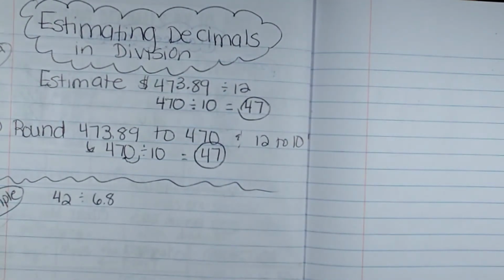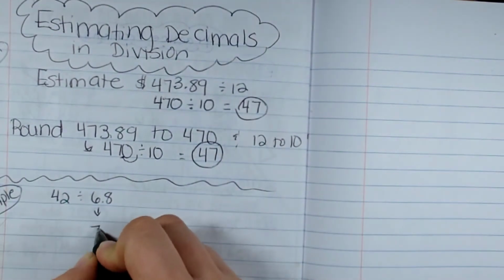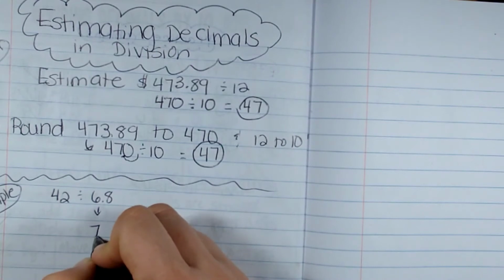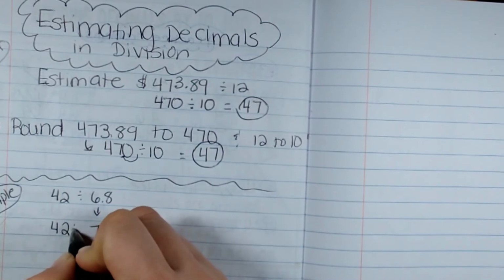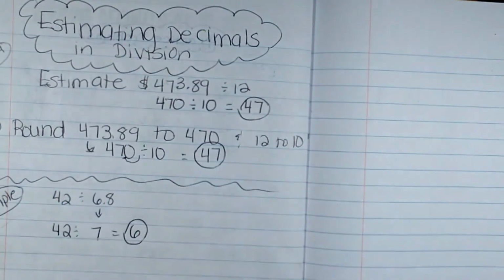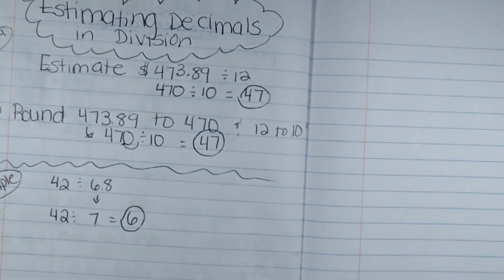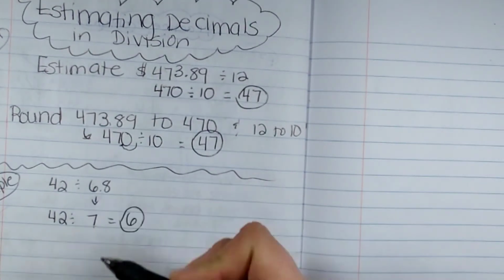When I'm estimating, it's not really guessing, but working to find numbers that work together, that are close, that will divide into each other. So I'm going to make this a 7 because 6.8 is close to 7. Now I know 7 goes into 42, so I don't have to change my 42, and I get an answer that is about 6. That's going to be an overestimate because I went up.